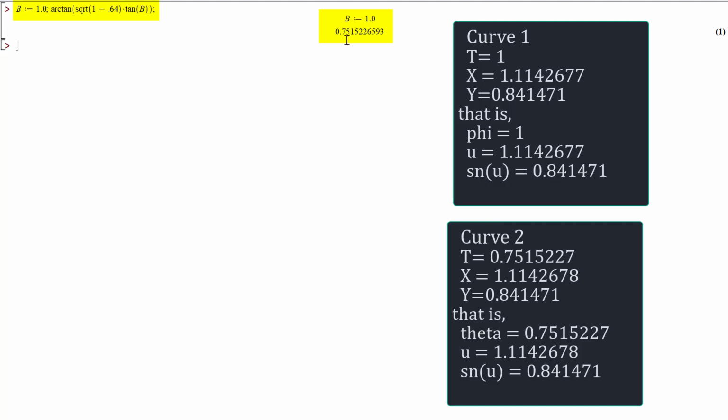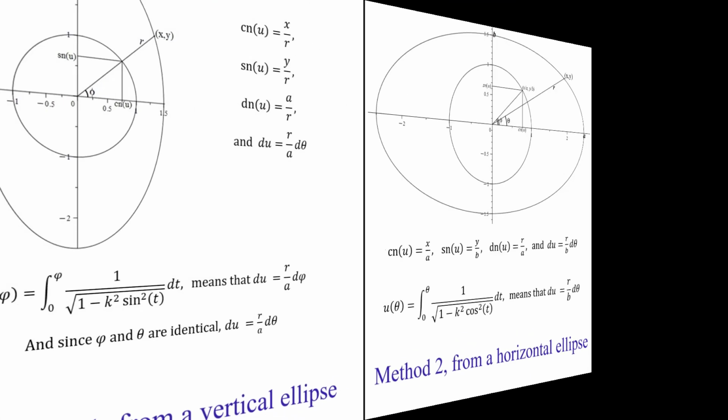So I plugged in this value for theta, and I'll get the same value as if I plug in this value for phi. So when phi is 1, I'll get the same u and CNU, SNU, as when theta is this value.